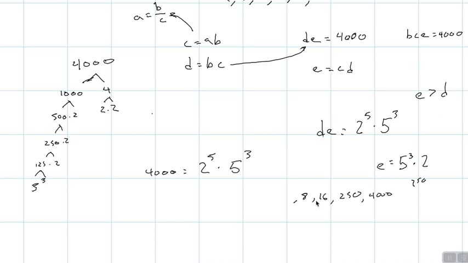What if we didn't use all the 5s? We just did E equal to 5 squared times maybe 2 to the 3rd.